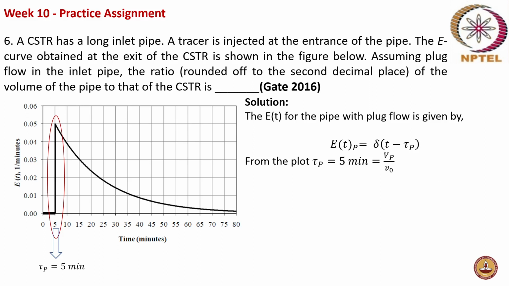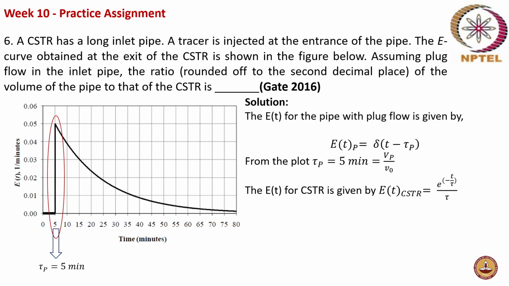Okay, next step: what is the exit age distribution for the CSTR? In general, the exit age distribution for a CSTR is an exponential decay curve, given by exponential of minus t by tau, the whole divided by tau.